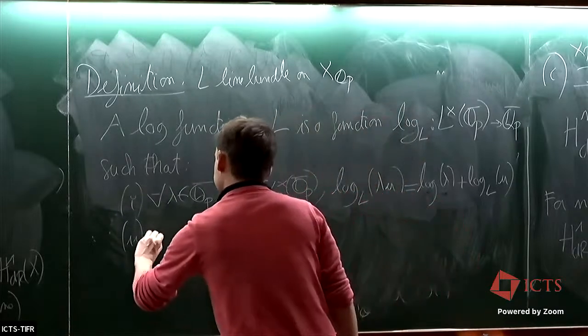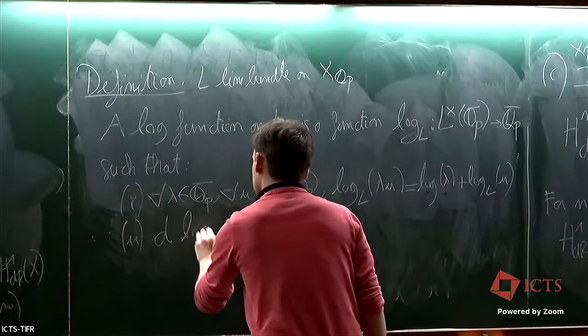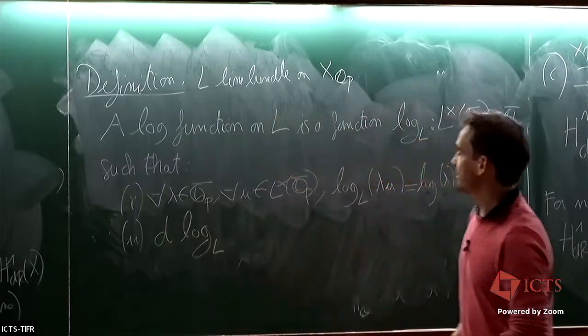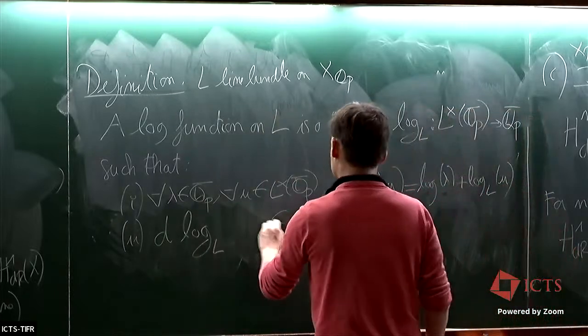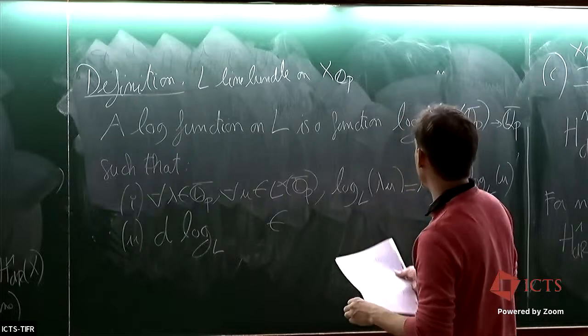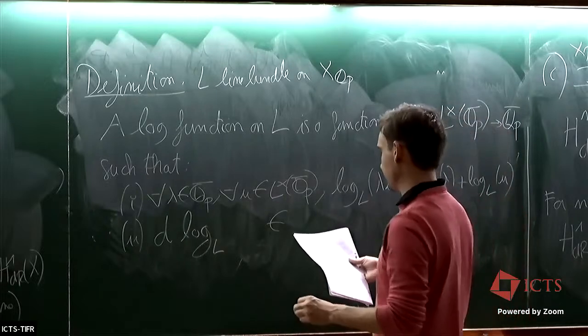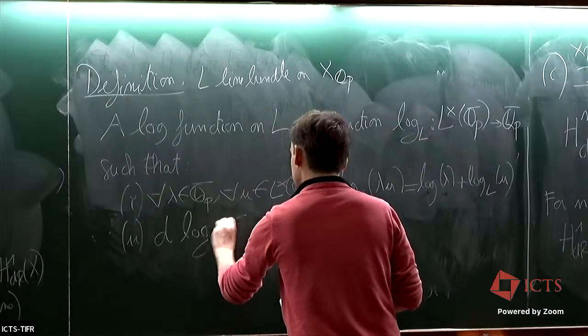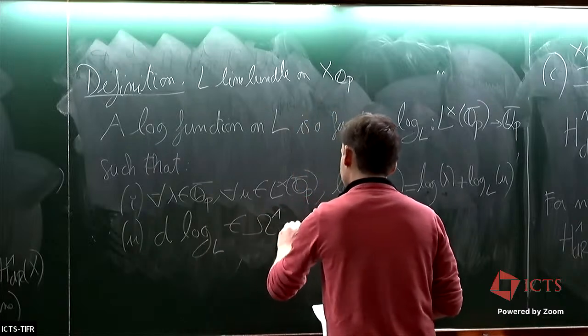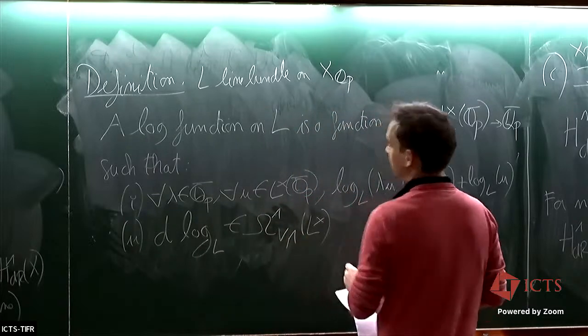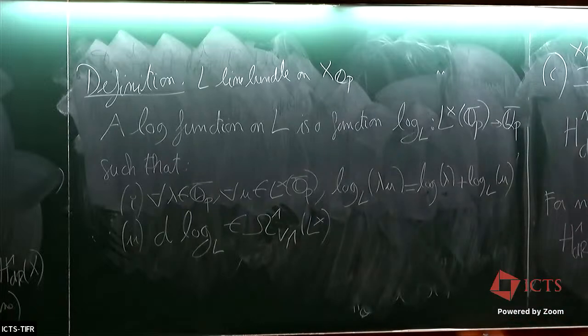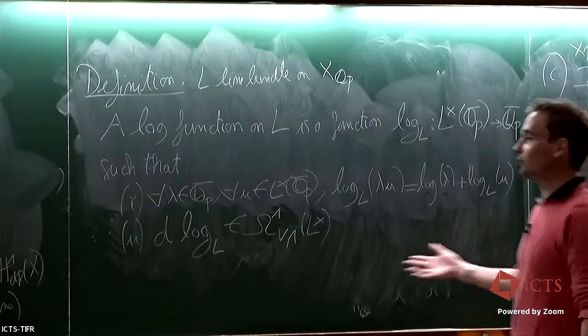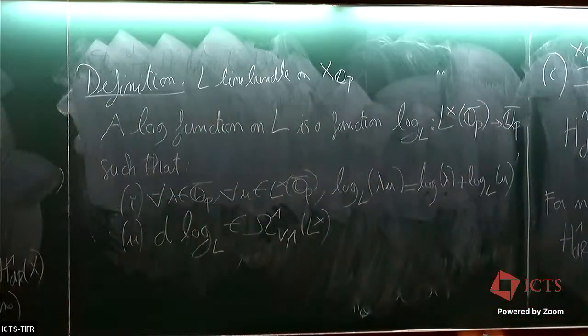Second condition is I want d log L, so this makes sense, to be a function on L star, and I didn't say which kind of function this is, but now you know. It's supposed to be a one-time iterated integral function over L star. So in other words, I'm supposed to be able to build log L by integrating functions on L star.